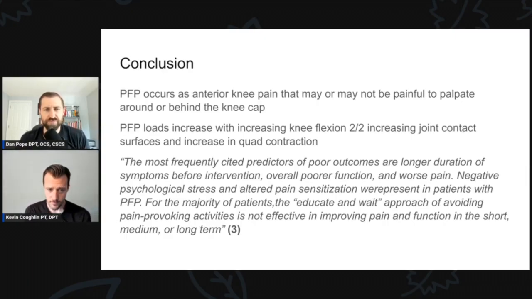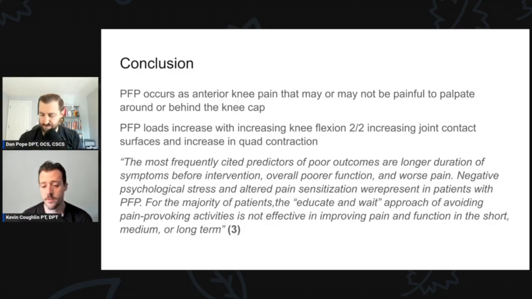And then this is just a quote, again, I believe from the CPGs here. The most frequently cited predictors of poor outcomes are longer duration of symptoms before intervention, overall lower function, and worse pain. Kind of makes sense. Negative psychological stress and altered pain sensitization were present in patients with patellofemoral pain, as Dan talked about.